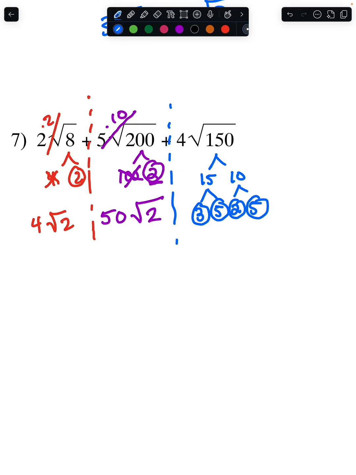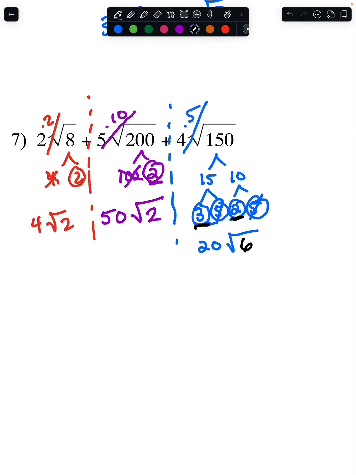And remember from the previous video, simplifying radicals, if you have 2 of them, that number comes out. And 3 and 2 don't have a pair, so they have to stay in. So 4 times 5 is 20. Square root 3 and 2, 3 times 2, that's 6.